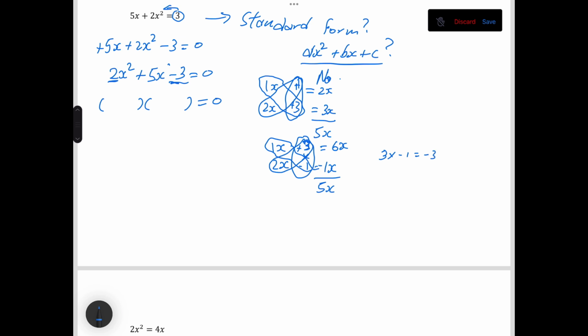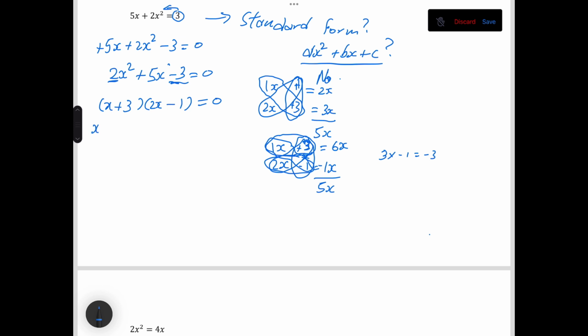So now I know that these are my factors in this order. So the top two numbers, x and 3, will be written together in one bracket. So it will be x plus 3 in the first bracket, and then the bottom two numbers, 2x minus 1 in the next bracket. Right.